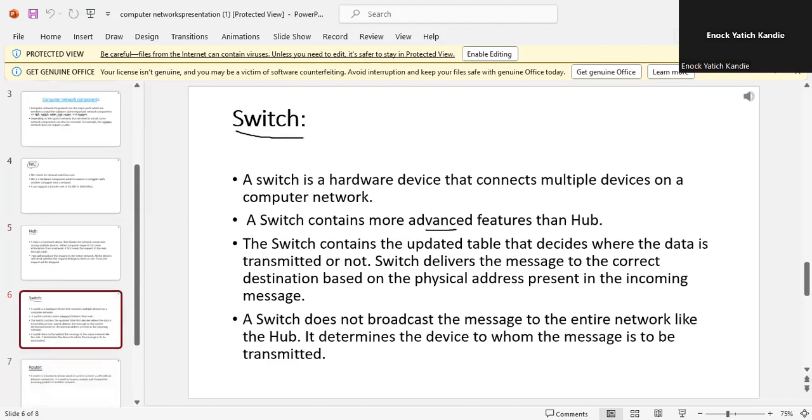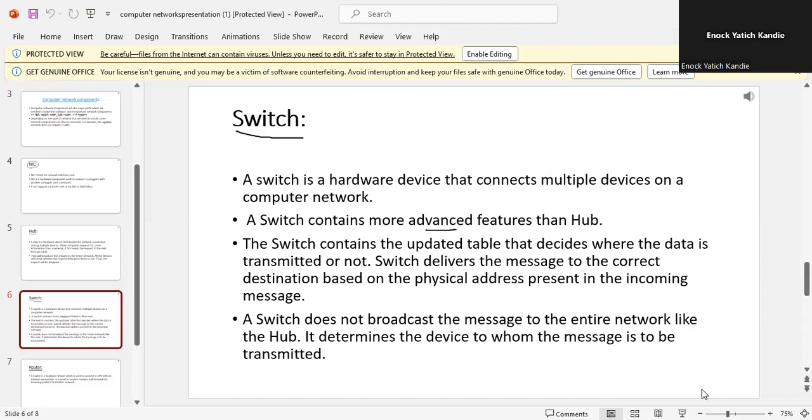We have a switch. A switch is a hardware device that connects multiple devices on a computer network. It contains more advanced features than a hub. So you will find that a switch mostly functions like a hub, but a switch has advanced features as compared to a hub. It contains an updated table that decides where the data is transmitted.